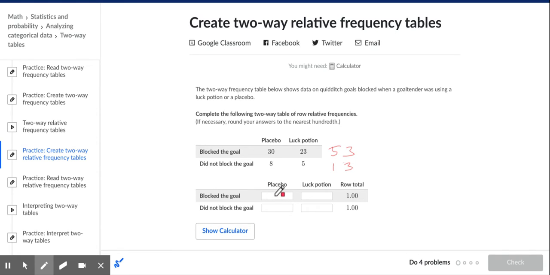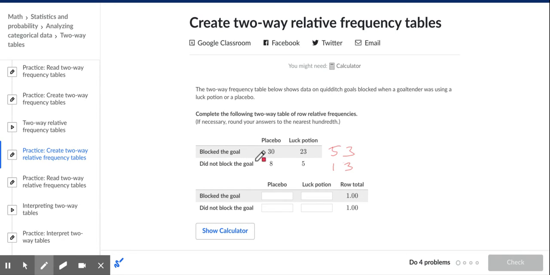So this spot is going to be this number divided by this number. It's the percent of placeboed keepers that blocked, or I should say the percent of blocked goals, because that's the total we have.